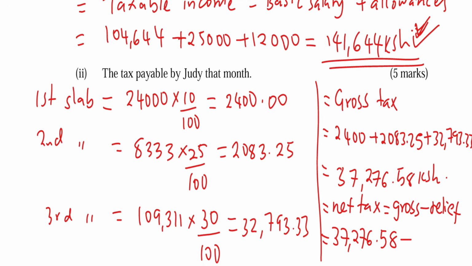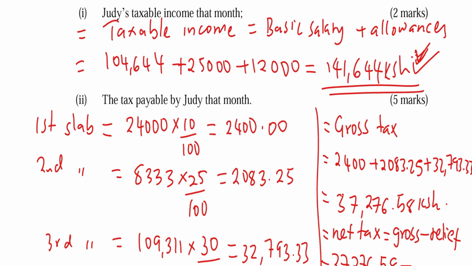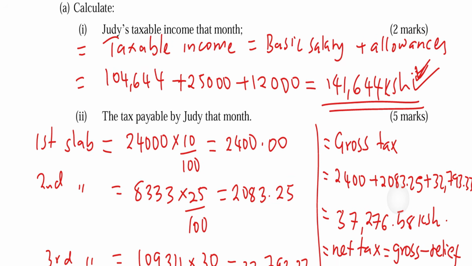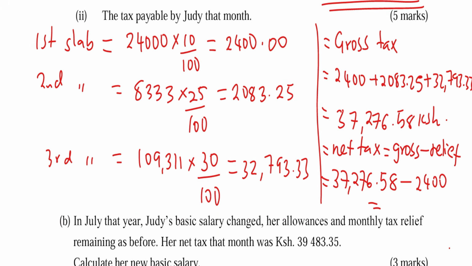So rather than paying a large amount, they deduct a small amount that you shouldn't pay. So they deduct from you 2,400, which you shouldn't pay. So take this minus 2,400 and you get 34,876.58. And that is your answer.